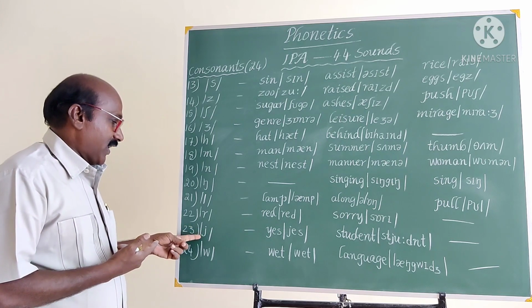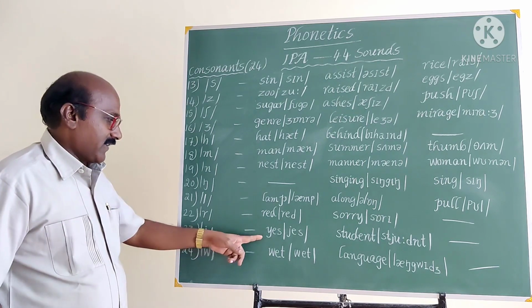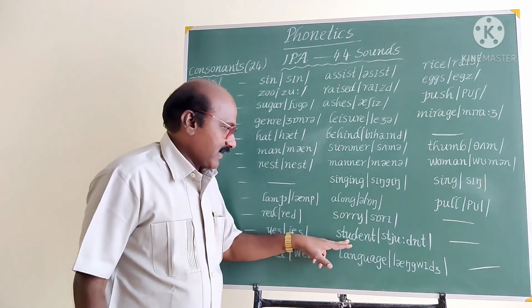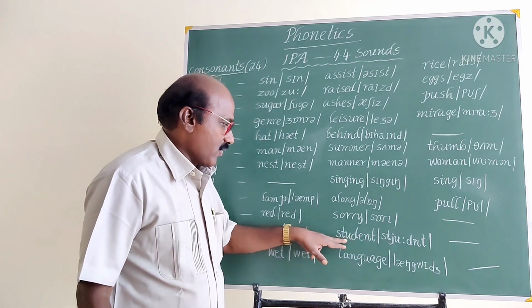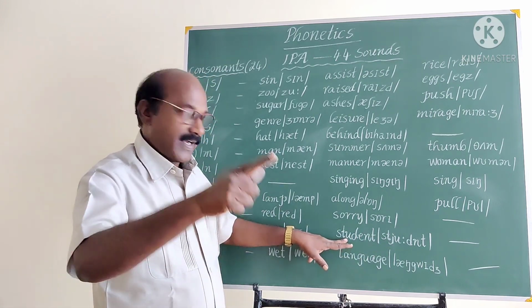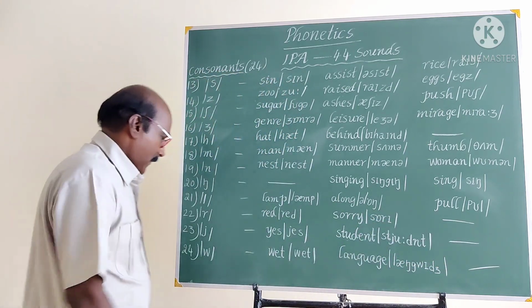Here the letter is J in English, but the sound is y, as in yes, as in stew, not a student. And finally we don't have the sound of y.